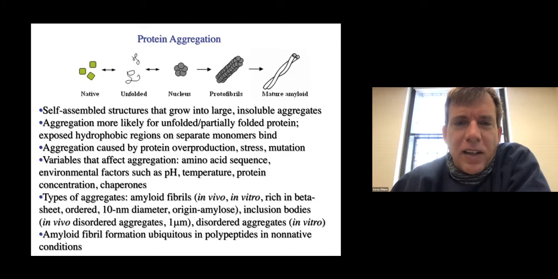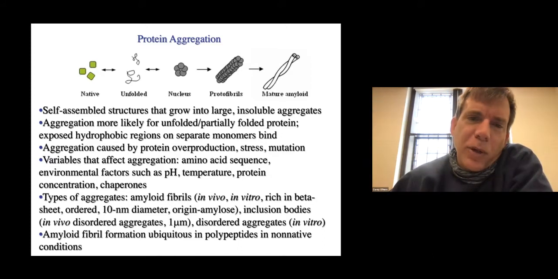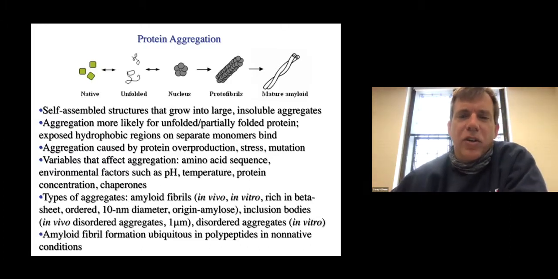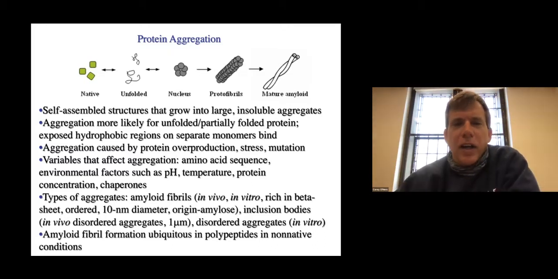And the basic idea I've already suggested is that for different reasons, the hydrophobic residues are not buried in the core of a protein. They're exposed to solvent or exposed to other proteins, and then those structures can aggregate and form larger and larger aggregates.